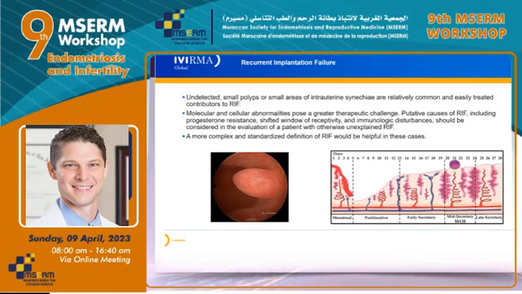Some of the molecular and cellular abnormalities provide difficult therapeutic challenges as well as diagnostic challenges. These are things which can include progesterone resistance, shifts in the window of embryonic receptivity in the endometrium, and immunologic disturbances. Essentially, a more complex and standardized definition of recurrent implantation failure would be helpful.